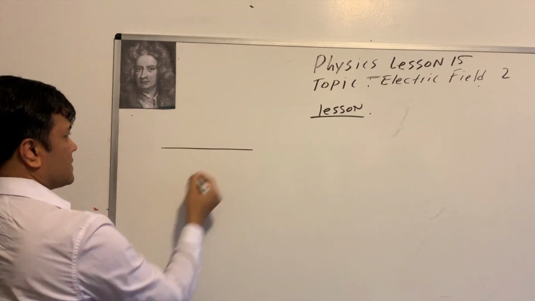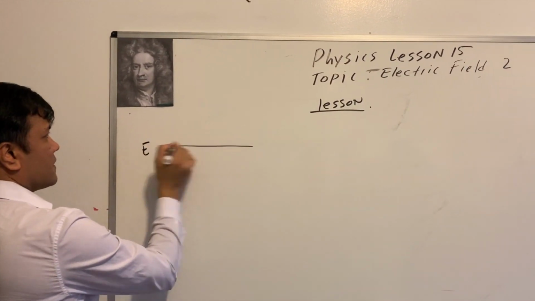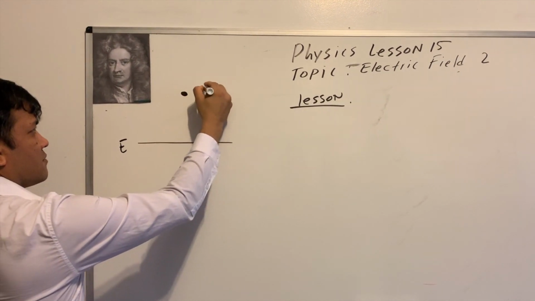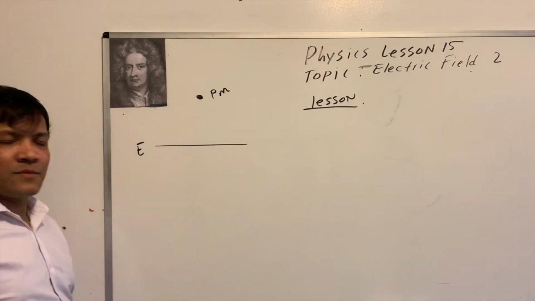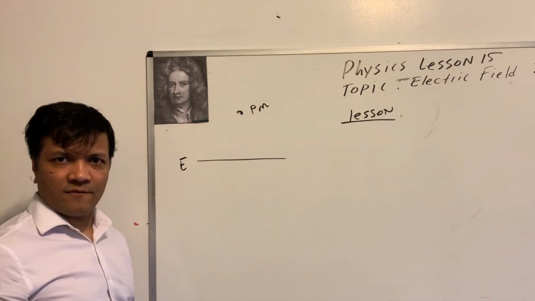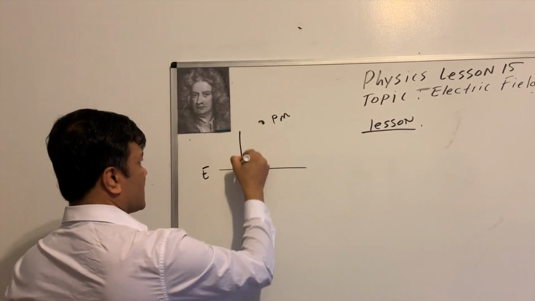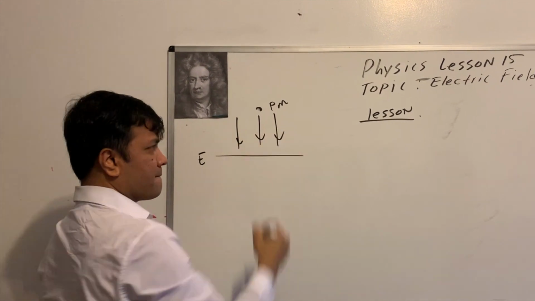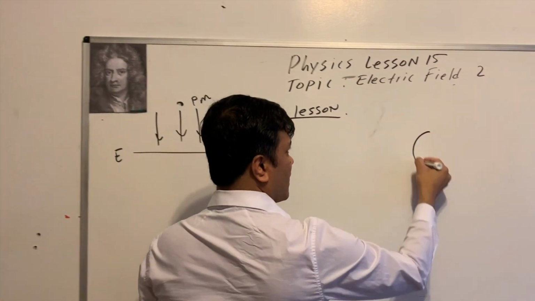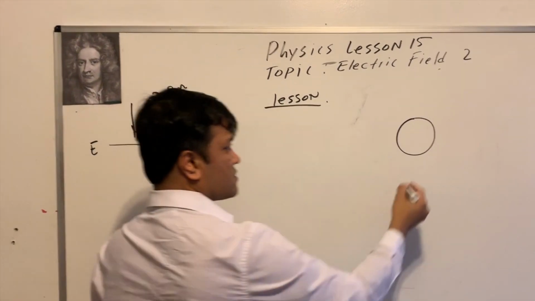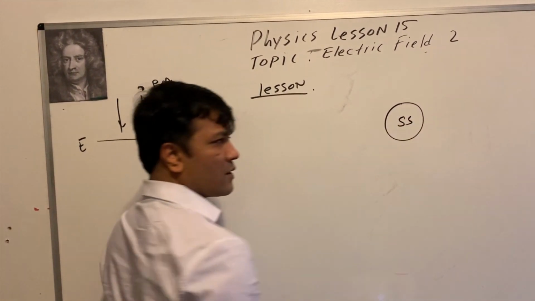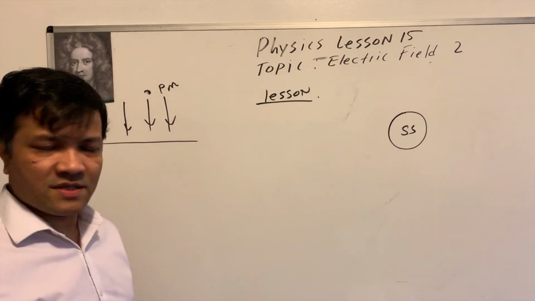Positive charge. I told you that if this is the Earth and it's a point mass, the point mass will experience some force. That's the definition of field. Point mass will experience some force. And if you have a source charge, how do you know whether it is positive or negative?